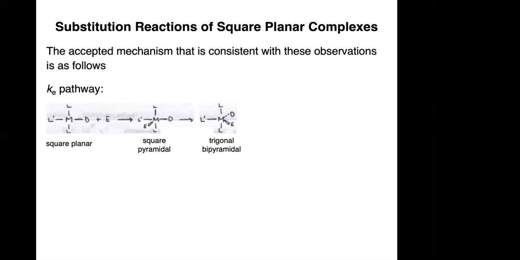Okay, so we form this trigonal bipyramidal activated complex, and if you continue that motion of D and E into the slide, into the screen, then you would go on to form species where you again have a square pyramidal geometry, but now D is on the apical side of the square pyramid instead of E. And you can imagine that motion might just continue, and D would then dissociate to give you the square planar product.